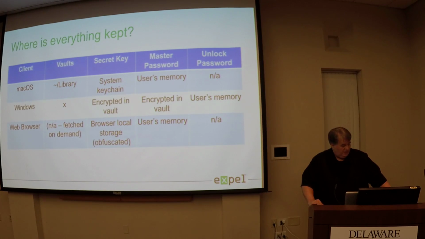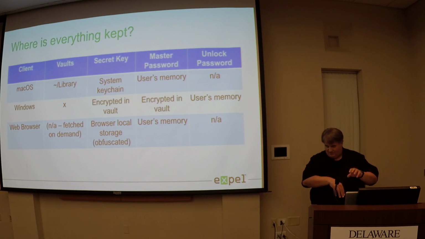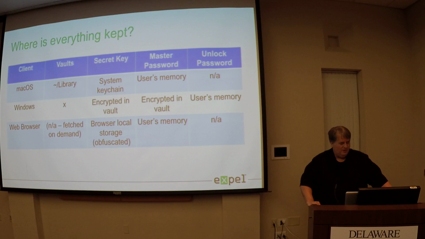But one important thing that I did figure out is that when you log in using the browser, there's a little button, remember this computer, and usually that's just cookies and whatnot. In this case, when you select that, it also stores your secret key in the browser's local data storage. That's great because you don't have to find a piece of paper that's got a secret key and type in that long A3-XYZP whatever string.